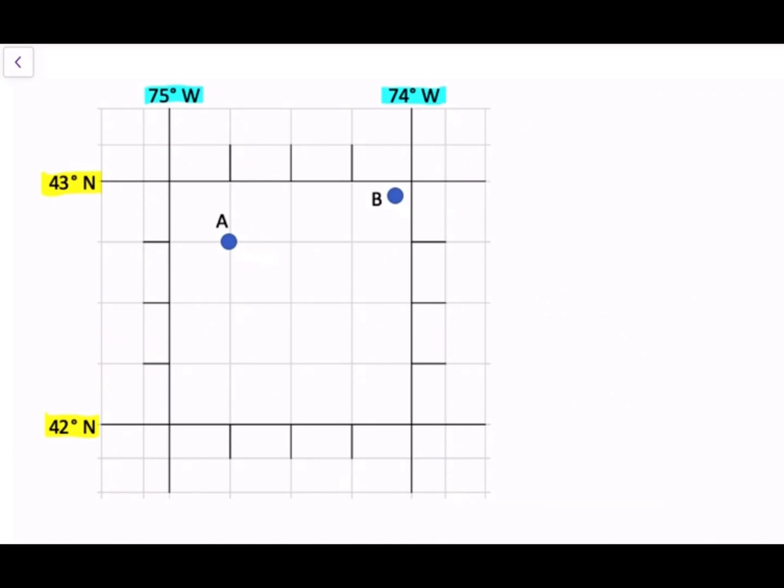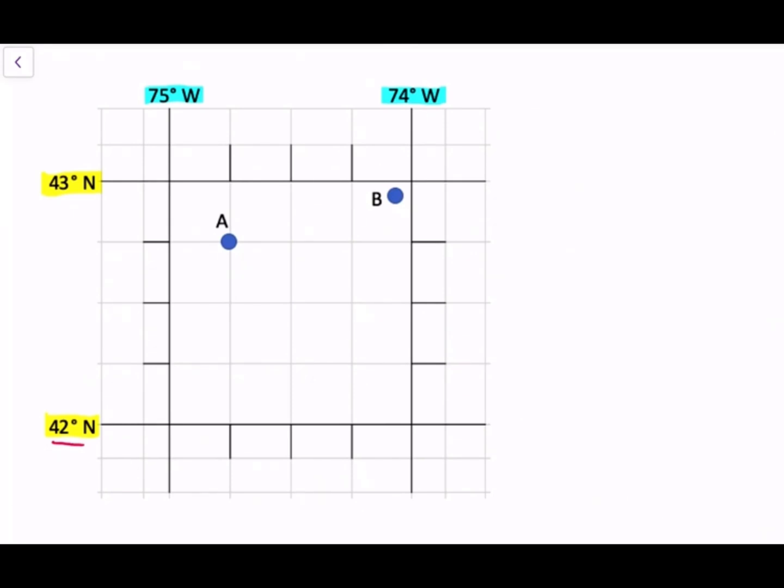Okay, so remember, every degree of latitude or degree of longitude is broken up into 60 minutes. So if I look at this map here, I'm going to start with my latitude. It looks like this grid, this piece of land, is divided into 4 equal squares. This makes it a little bit easier for me to figure out exactly what the minutes are at the locations.